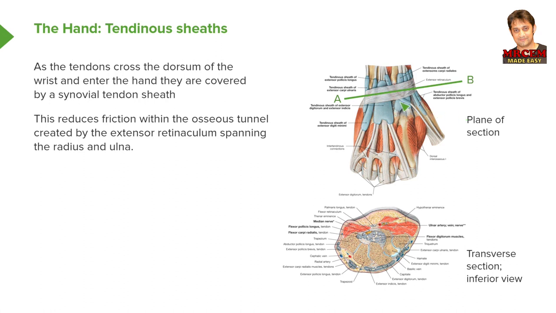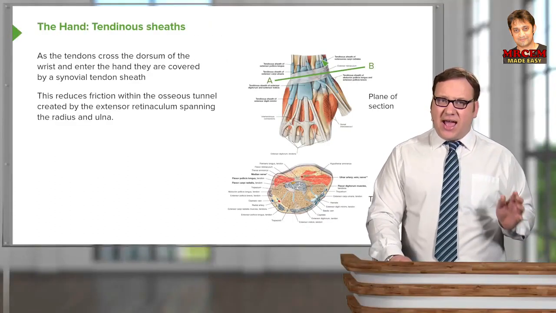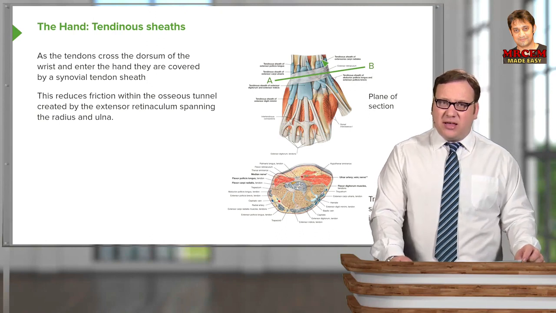Here, with some added detail, you can see the plane of the section through the wrist. Here we've got the extensor retinaculum again. And you can see that these tendons are surrounded by an individual tendon sheath. So as the tendons cross the dorsum of the wrist and enter the hand, they are covered by these synovial tendon sheaths.